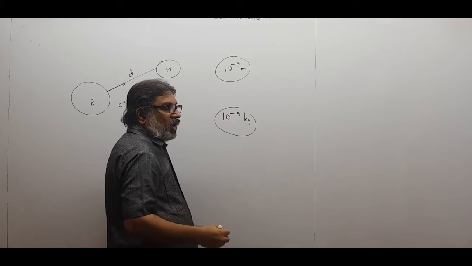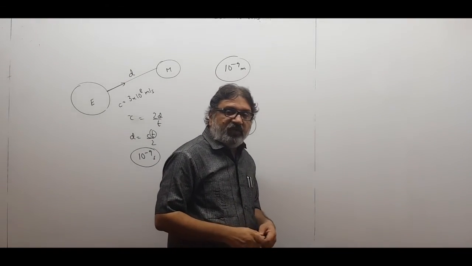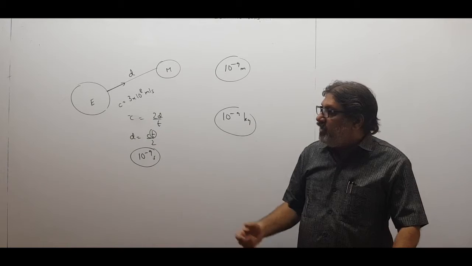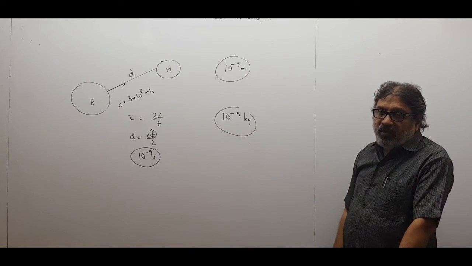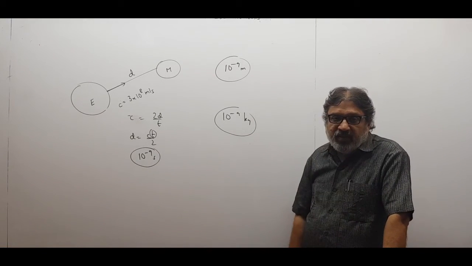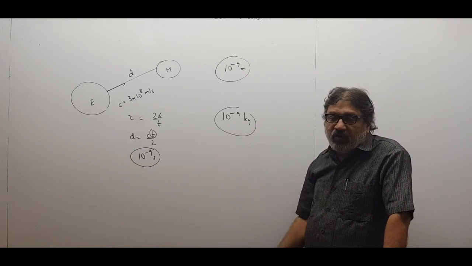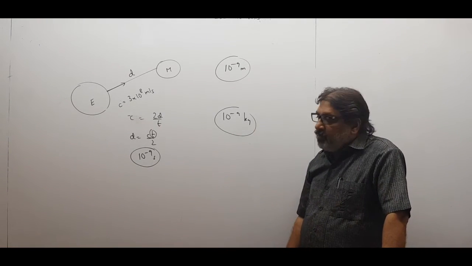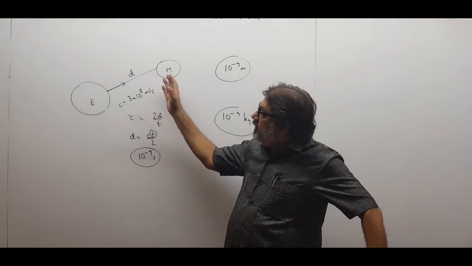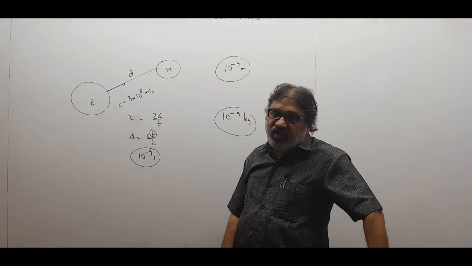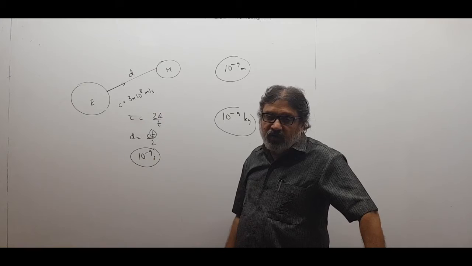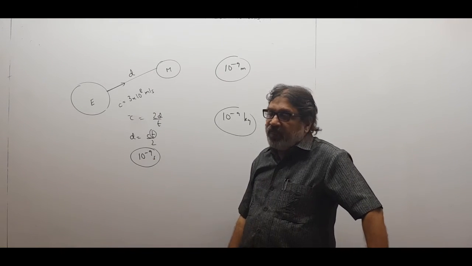See how small an amount of mass we have to measure, and what tremendous accuracy we need. In nuclear reactors, we need very precise measurements of mass of the order of 10 raised to minus 9 kg. While measuring distance between Earth and Moon, we should have precise measurement of time of the order of 10 raised to minus 9 second.